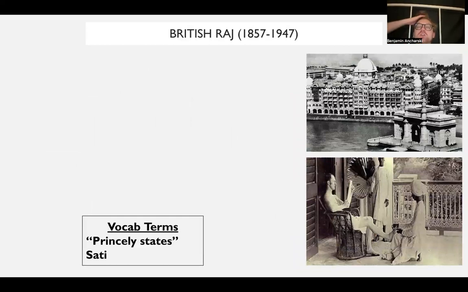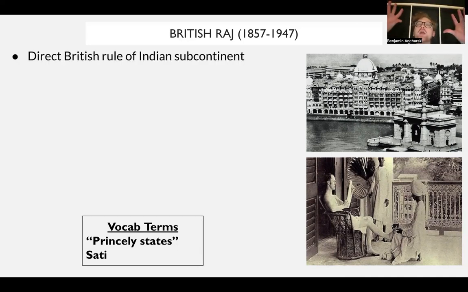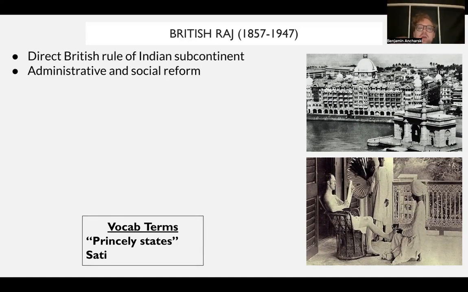The British Raj describes the period from the end of the Sepoy Rebellion to 1947, the date of Indian independence. This introduces direct British government control over a large part of the Indian subcontinent. So the British Raj is different from company rule because who's in charge? It's the big government, the big cheeses back in London.